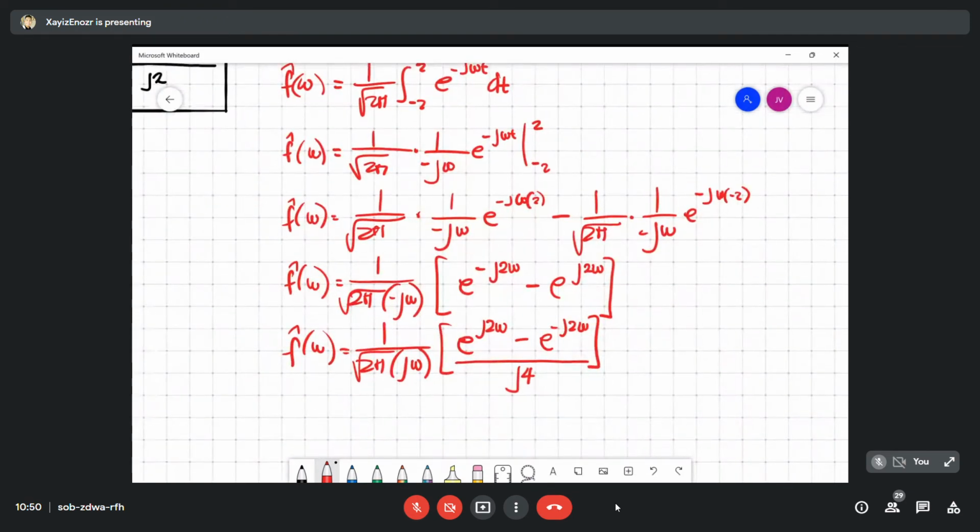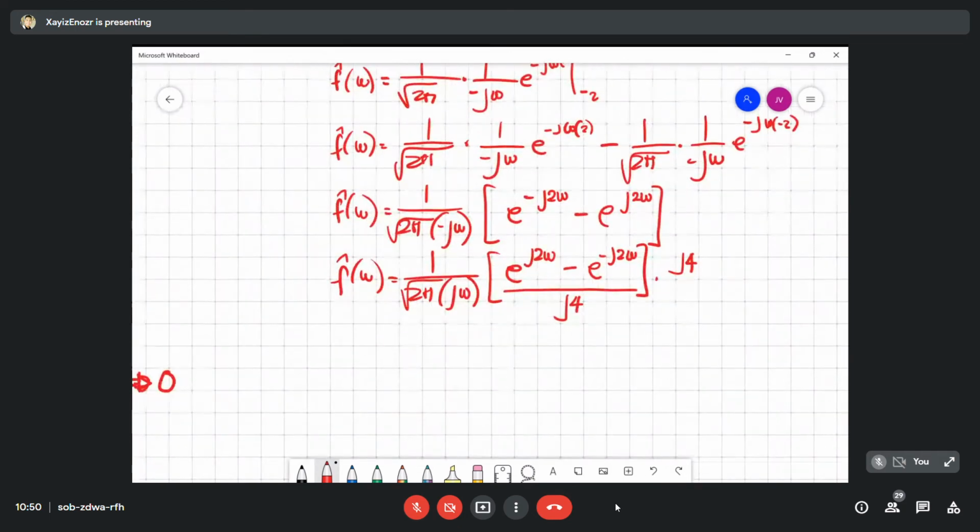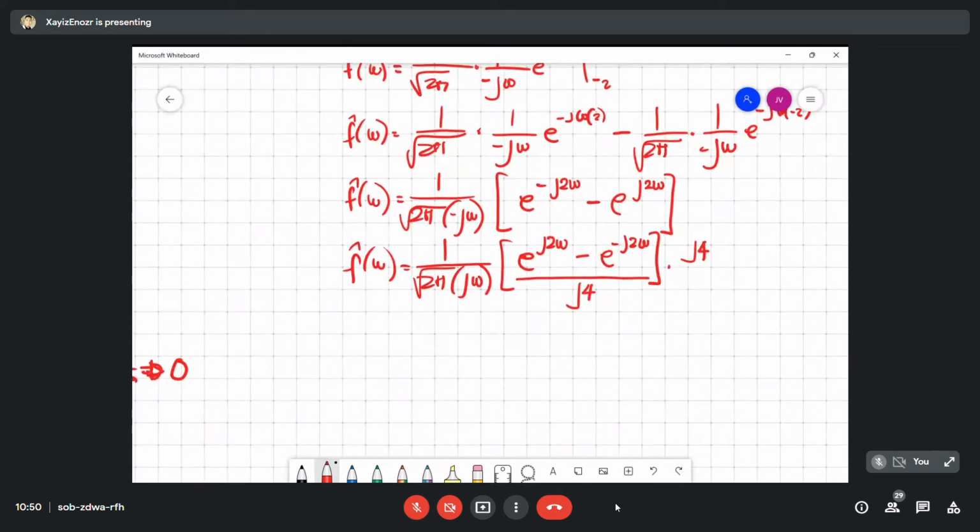So para mangyari yan, mag-multiply ka ng j4 sa numerator din. Kasi pareho lang naman sila, pwede mo siya i-cancel out. 1 lang, parang nag-multiply ka lang ng 1. So, pwede yung j4, ilagay ko dito. So, j4, square root of 2 pi j omega.